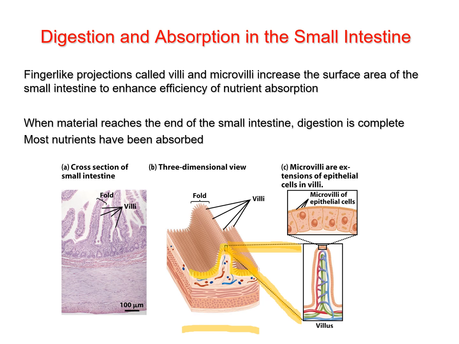covered by a single cell layer of epithelial cells, and in the center there are blood vessels, as well as a specialized type of lymphatic vessel called a lacteal, which is there to absorb chylomicrons.